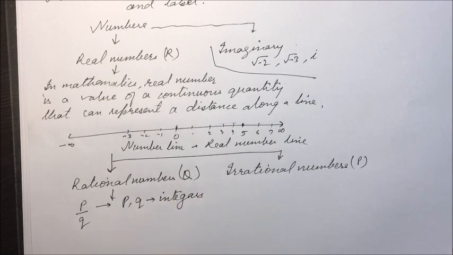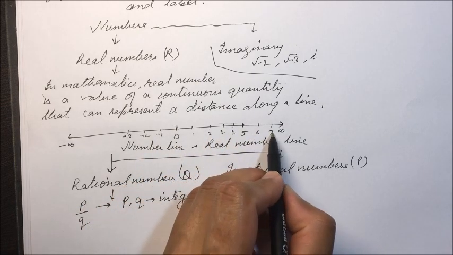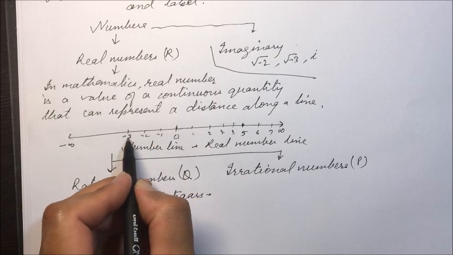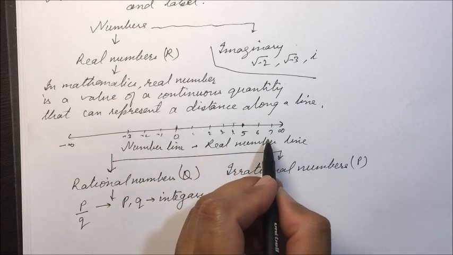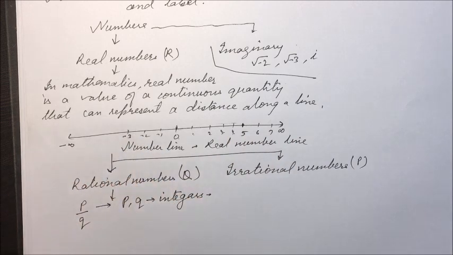So what are integers? We will be discussing after some time. For example, integers can be any number. It can be 0, 1, 2, 3, 4, 5, 6, 7 up to infinity, and -1, -2, -3, -4. These are integers. 0, 1, 2, 3 on the positive side, -1, -2, -3 on the negative side. So a rational number can be represented in the form of p by q, p divided by q, where p and q are integers.